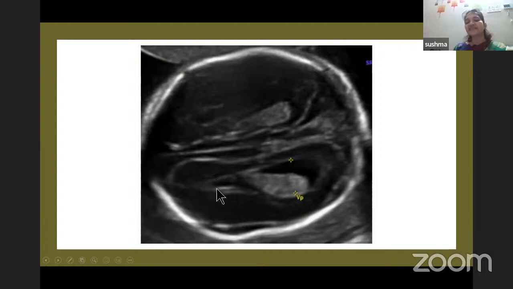That's the reason it appears in the form of a teardrop. Okay, this explanation is not needed. Just remember that teardrop sign is seen in agenesis of corpus callosum, and absent CSP is the hallmark. These are indirect signs of agenesis of corpus callosum.